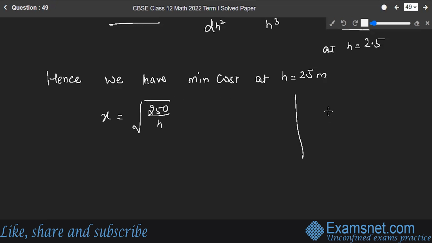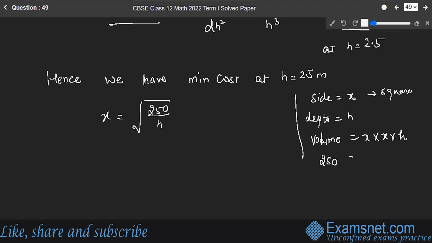Let's discuss. You were given that the side is equal to x and depth is equal to h. Volume will be equal to, since this was the square, remember? So the volume will be given by x square into h. Volume is equal to 250. We are given this. So this is x square into h. So we have to find out x will be given by this.